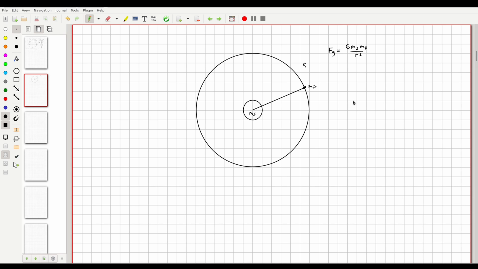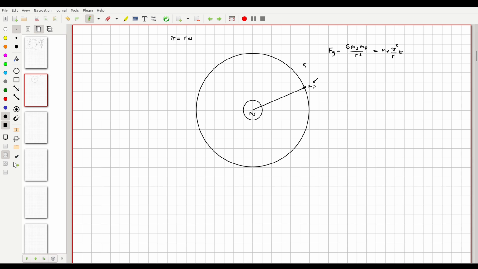Now, this is a centripetal force. It's a central force. And we know that when you have central forces acting, for example, on planets, that you can write them as v squared over r. Now, the v here, remember, is your tangential velocity. V in this case is just r times omega.